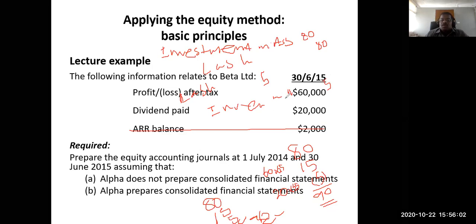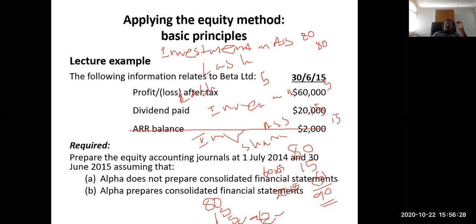The third journal entry would be share of profit: investment in associate debit 15, and share of profit credit 15.